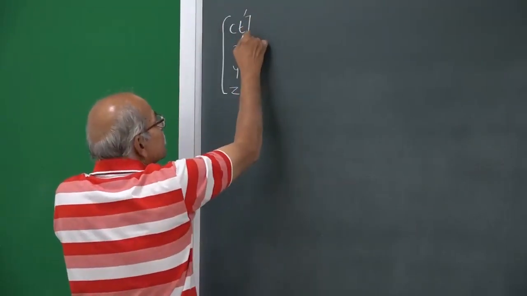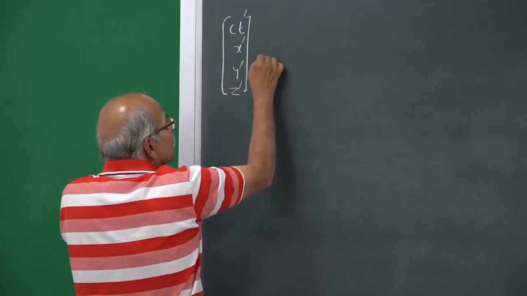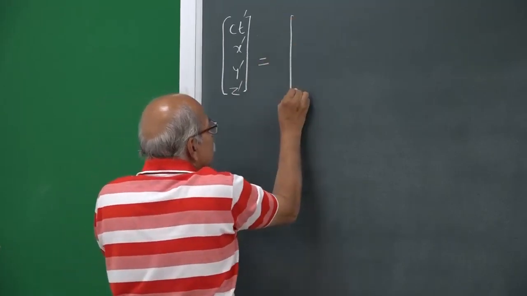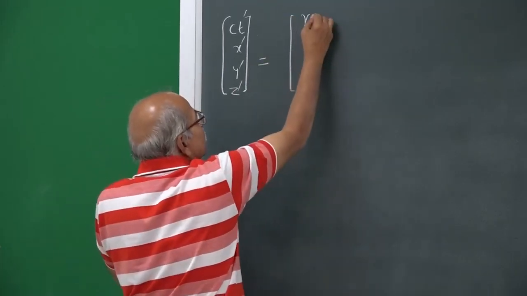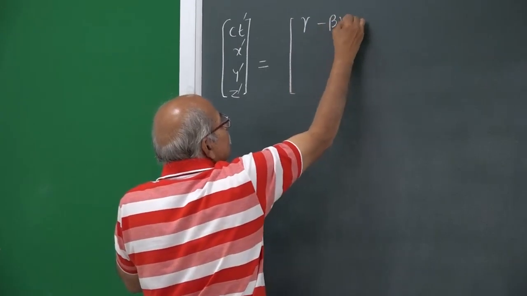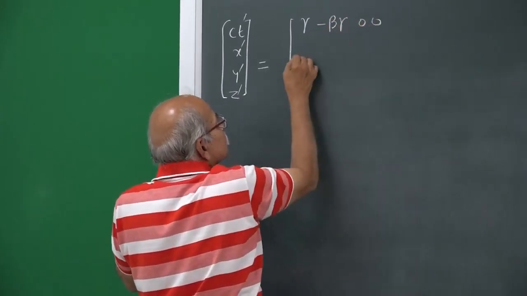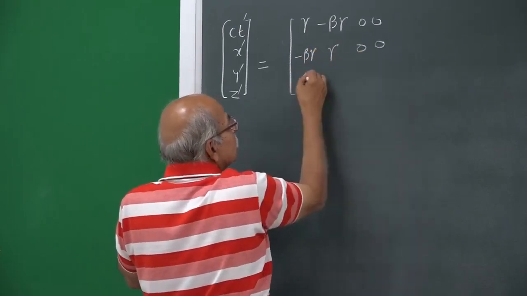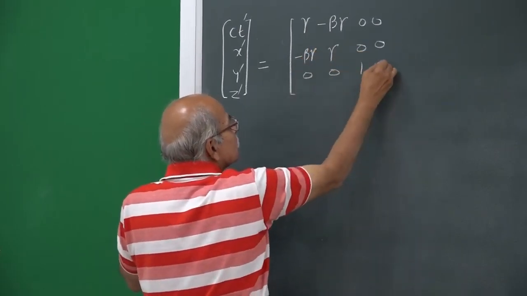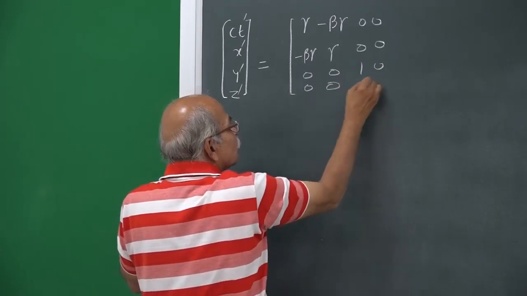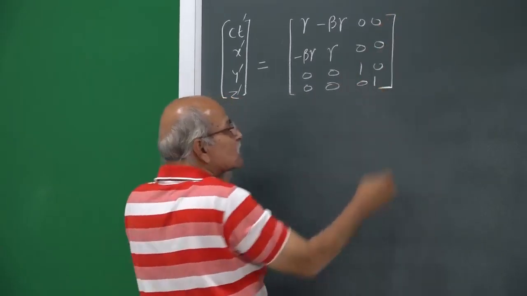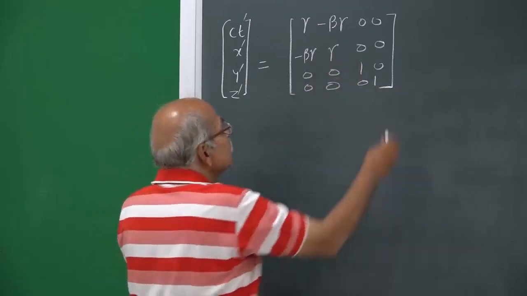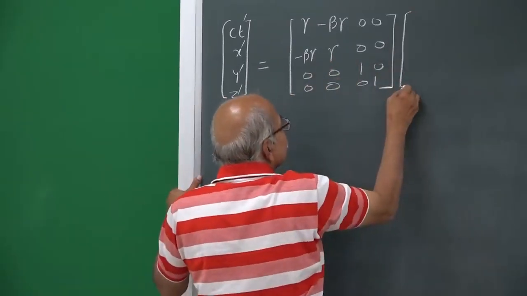If you write it in S prime frame, then this is your Lorentz transformation matrix: gamma, minus beta gamma, 0, 0, then minus beta gamma, gamma, 0, 0, 0, 0, 1, 0 and 0, 0, 0, 1. This is that Lorentz transformation matrix, and here you write the components in S frame.